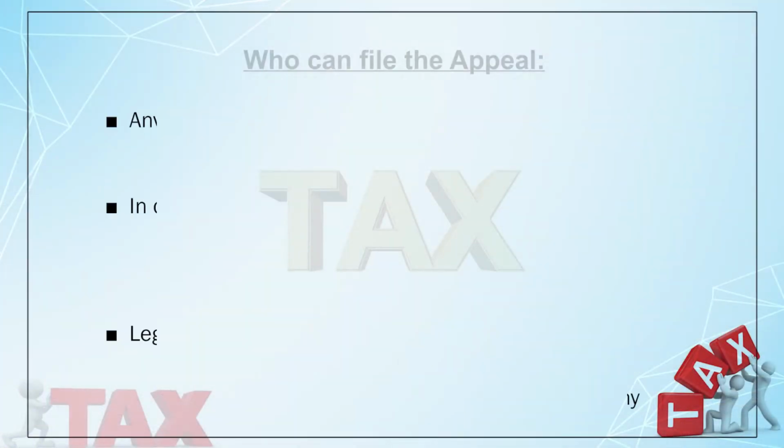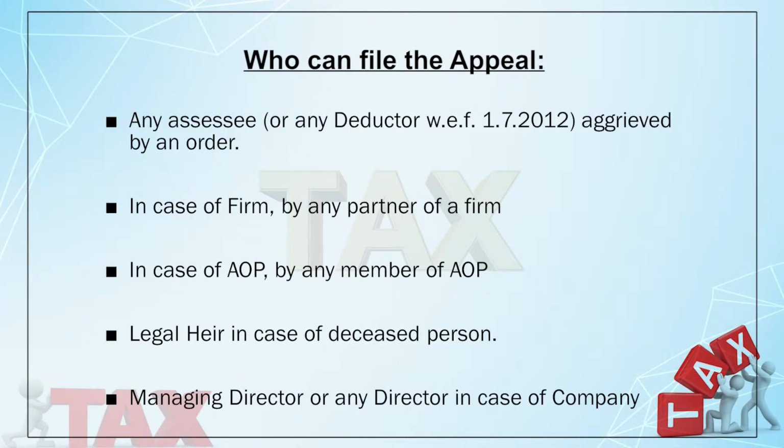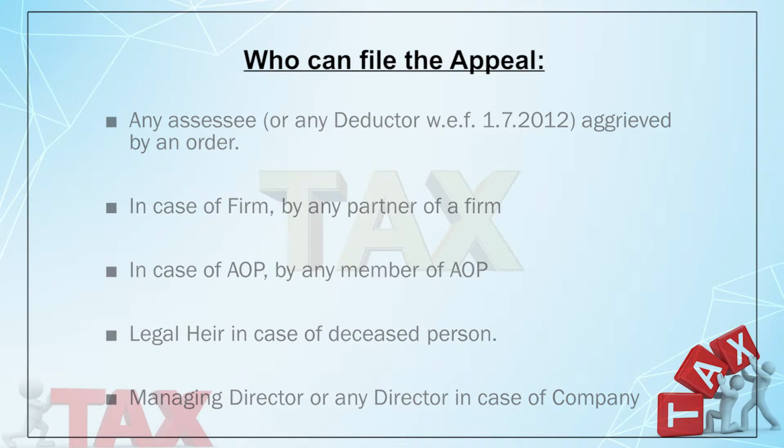Correct. Now, there may be two or three situations that may arise. Situation number one, an assessment has been completed and the assessee is aggrieved, not happy with the different adjustments the assessing officer made. He may go to appeal under section 246A of the Income Tax Act.